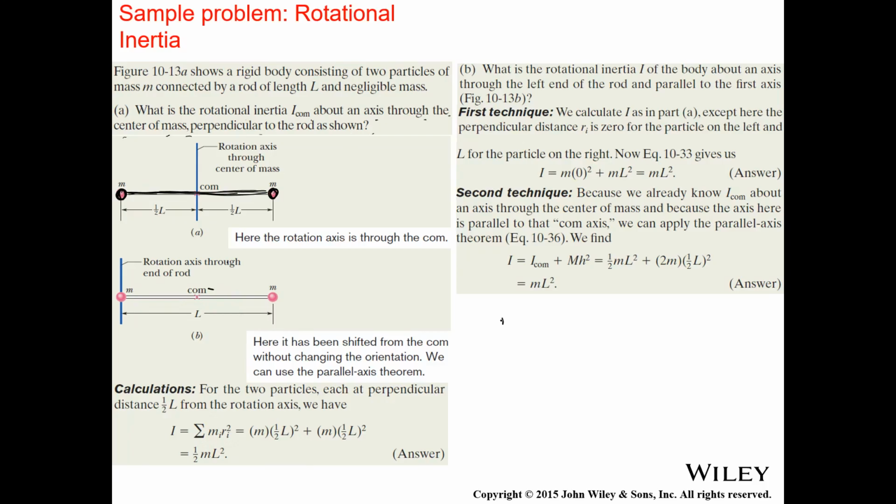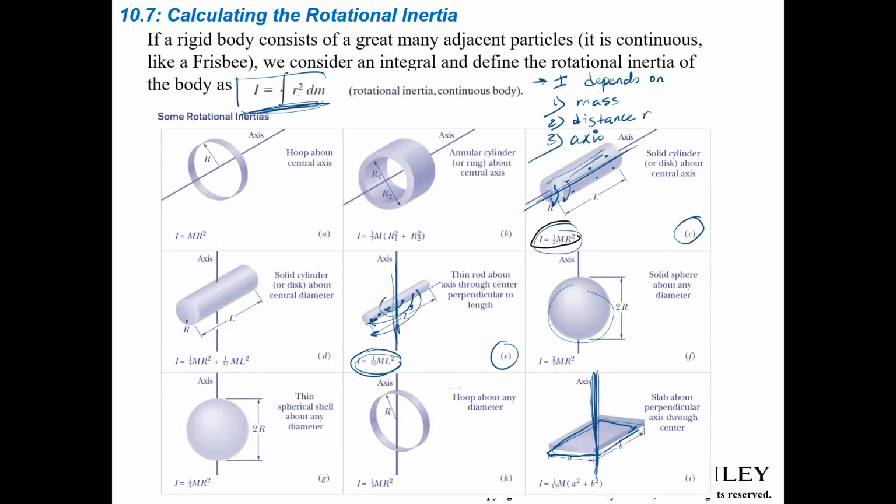I want I for a case where this system is rotating around this blue axis, which is passing through the center of mass and perpendicular to the axis of the rigid body itself, all right? So if I go to the table, let's say in the exam, I don't see any case where I have two masses and the axis is here in the middle, right?